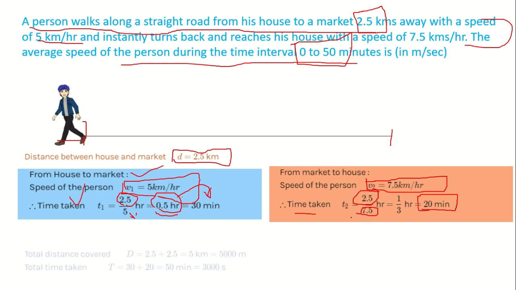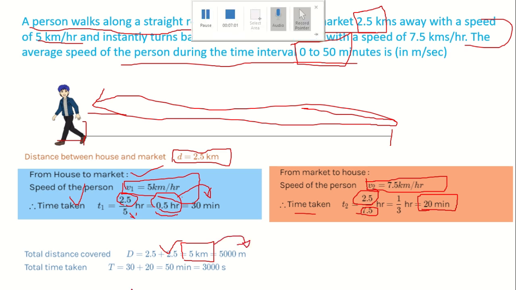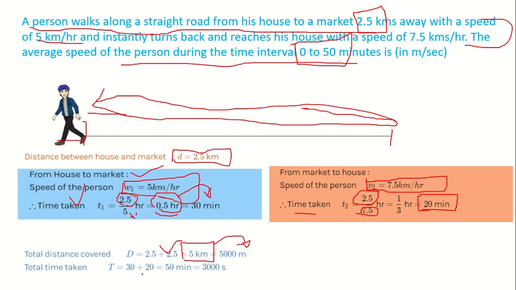Now we know that total distance covered is once he went to the market and returned back to his home. So the total distance is equal to 2.5 plus 2.5, which is equal to 5 kilometers. If we convert that into meters, it will become 5000 meters. Now total time taken is equal to the time taken to reach the market plus the time taken to reach his house in return, that is 30 minutes plus 20 minutes, equal to 50 minutes.